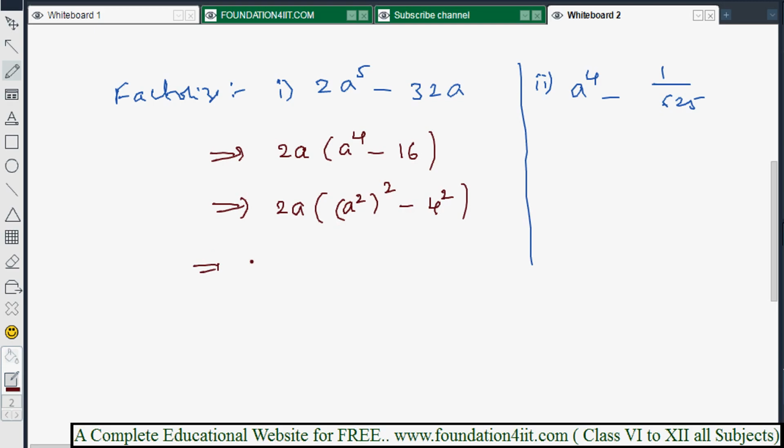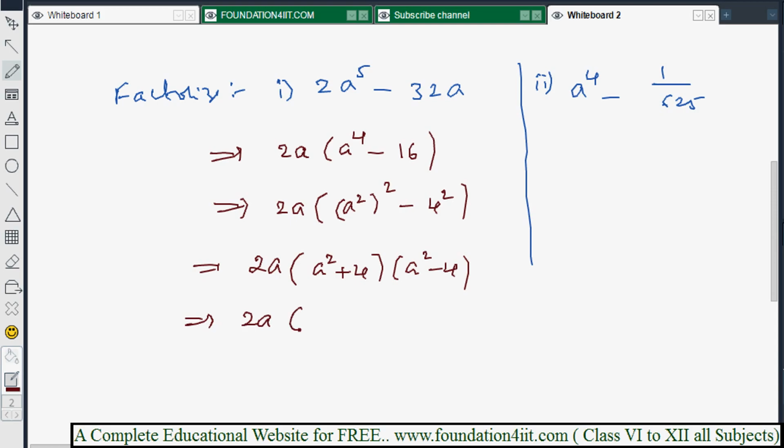Okay, now 2a is as it is. Here in the bracket, a square is a, 4 is b now. So write (a square plus 4) and (a square minus 4). Okay, you understood clearly, right? So this is a square minus b square. So a plus b into a minus b format. So the first plus second term, first minus second. Now again simplify if it is possible.